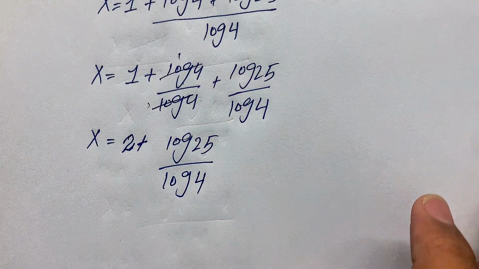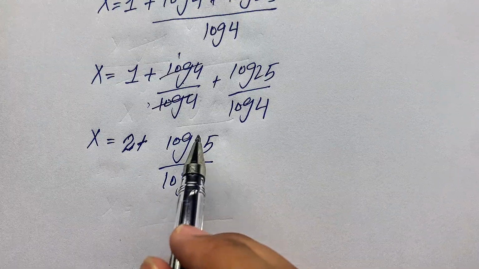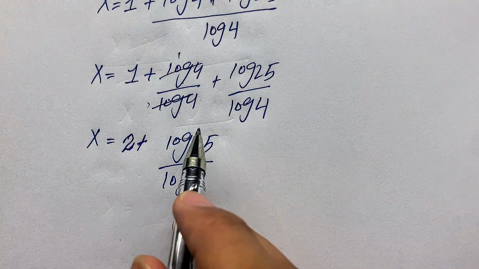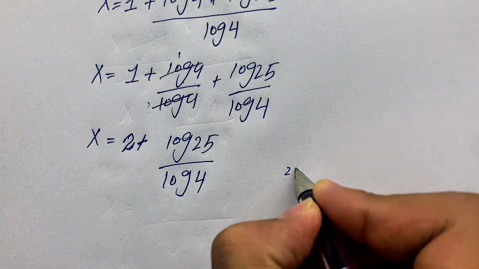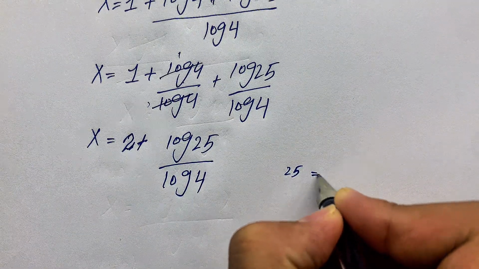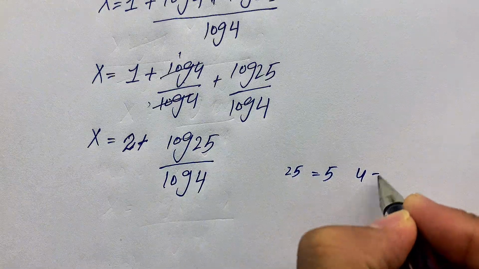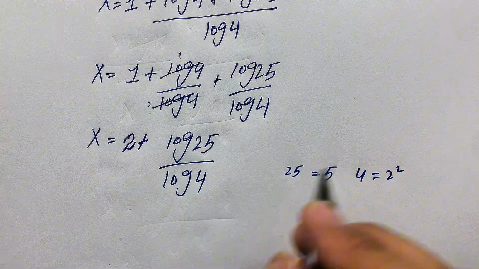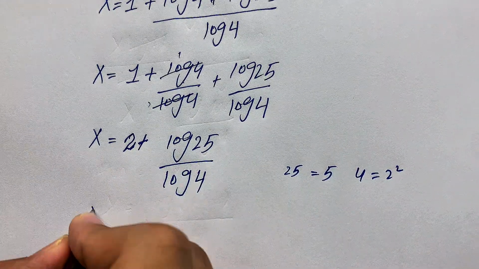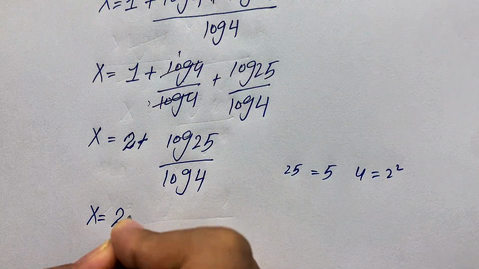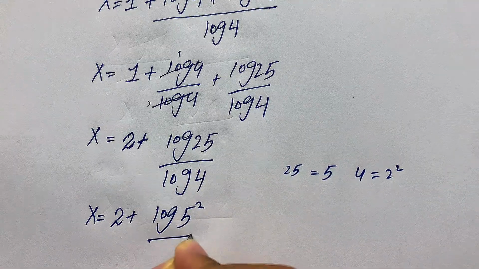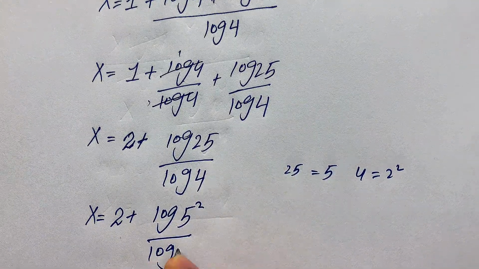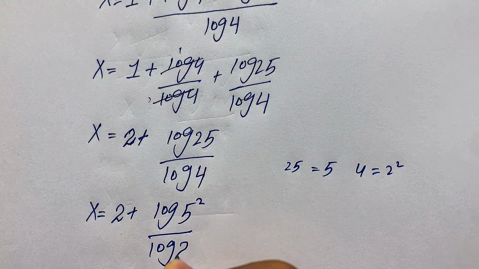So next step, we solve this 25 first. As we know that 25 is also equal to 5 square and 4 is also equal to 2 square. Now we write x is equal to 2 plus log of 5 square divided by log of 2 square.